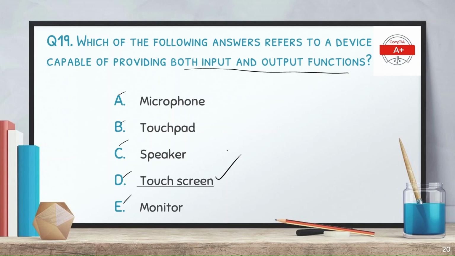You can use your finger or your pen to input your data onto the touchscreen, such as clicking icons, while at the same time it is an output device because it shows you the display and the output. While the microphone is an input device, touchpad is again an input device, speaker and monitor are both output devices.